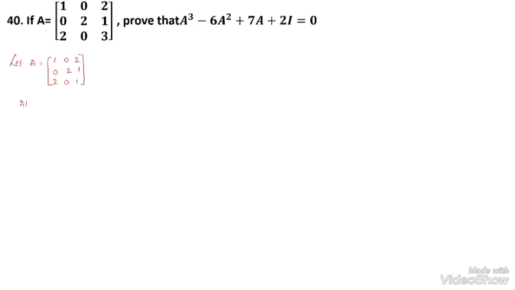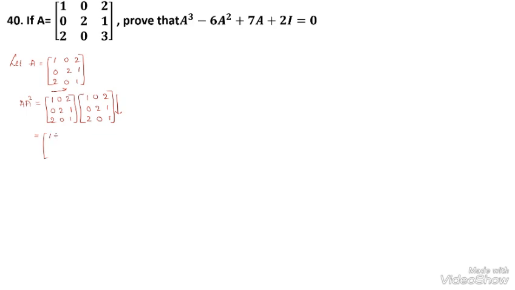Now we have to find A square, that is, multiply the matrix by itself. Taking row by column, multiply each term. That is 1 into 1, here 1.